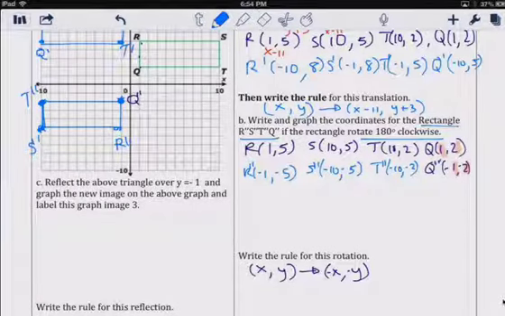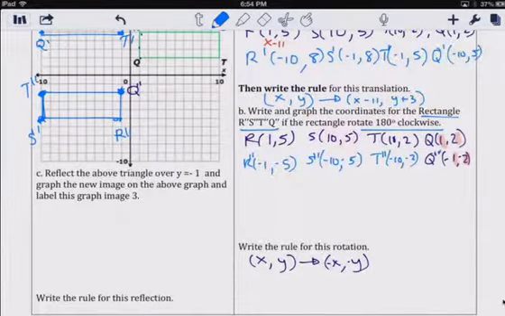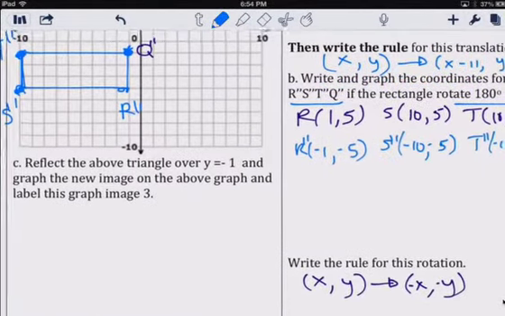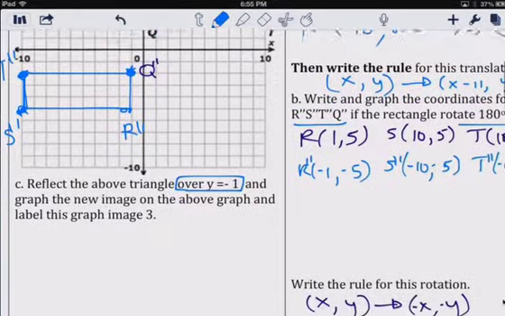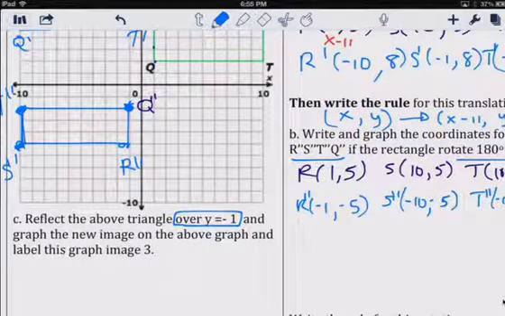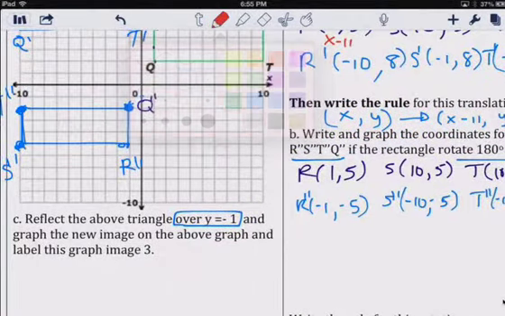Okay? And then the last one is reflection over the line y = -1. Okay? Here's y = -1 right here.